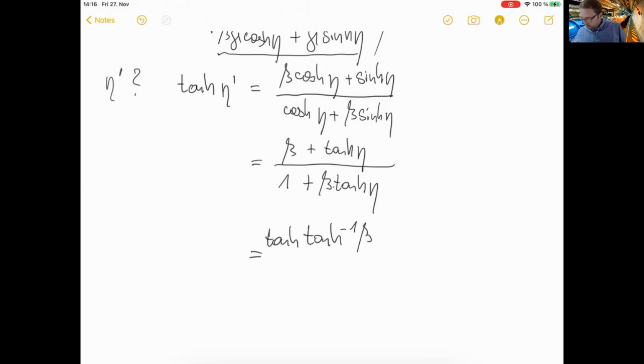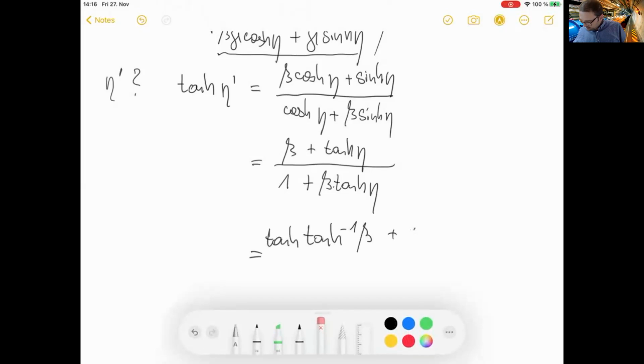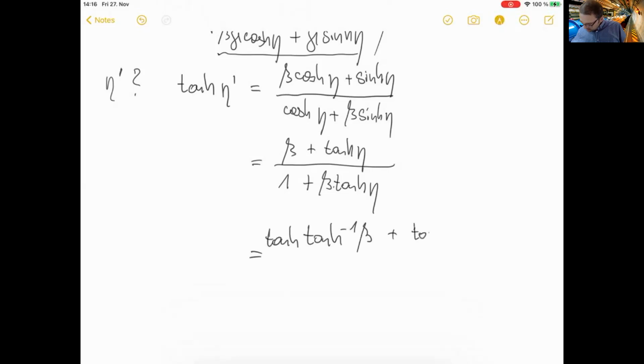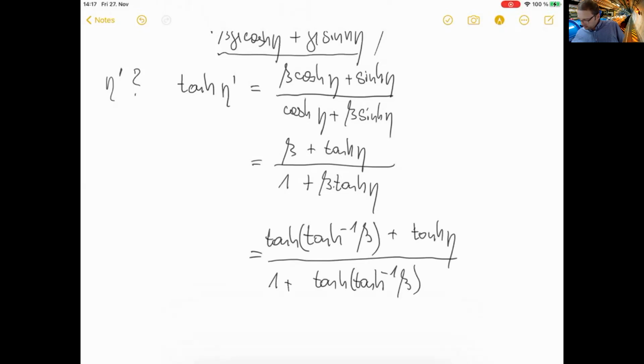That's just beta plus tangent hyperbolicus of eta divided by 1 plus, so there's a parenthesis here, tangent hyperbolicus of tangent hyperbolicus inverse beta times tangent hyperbolicus of eta.